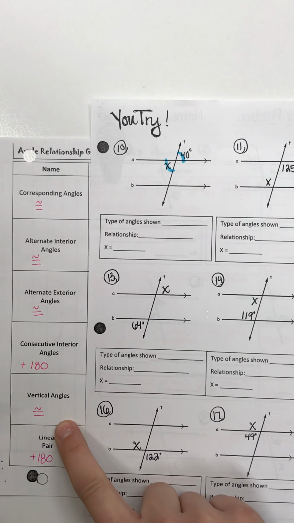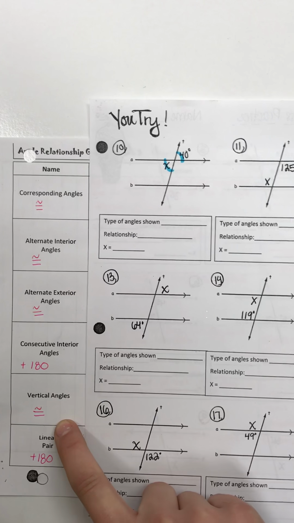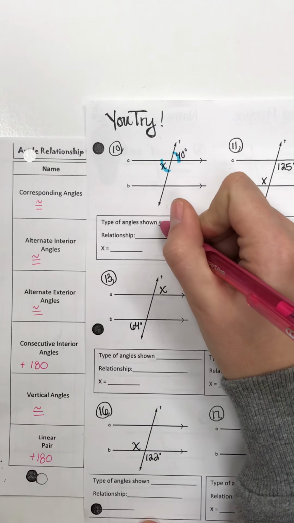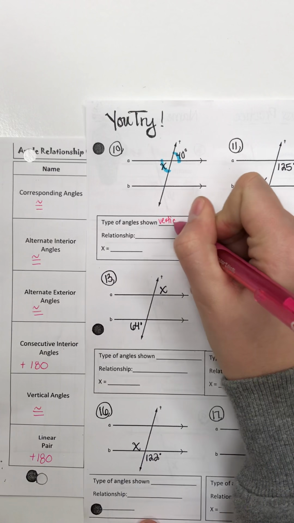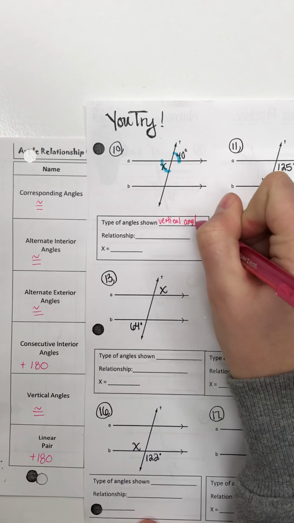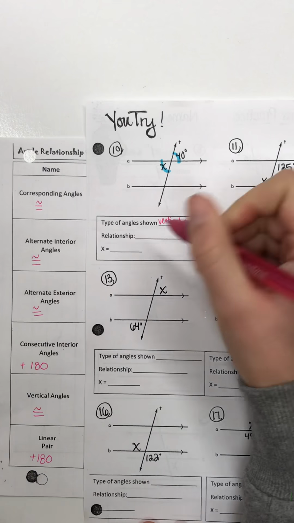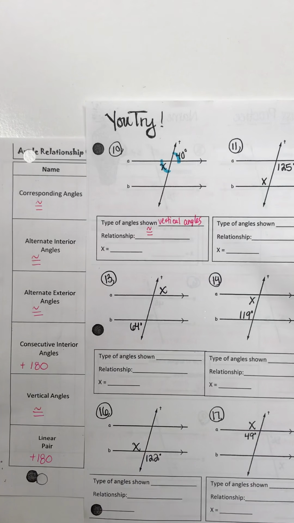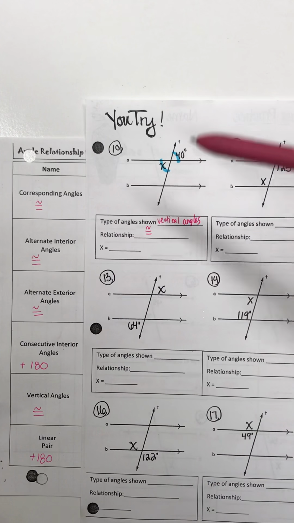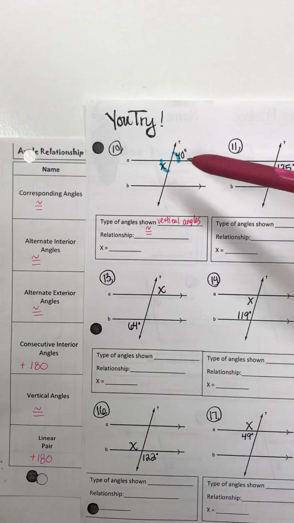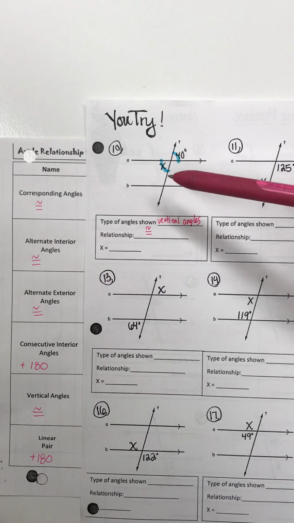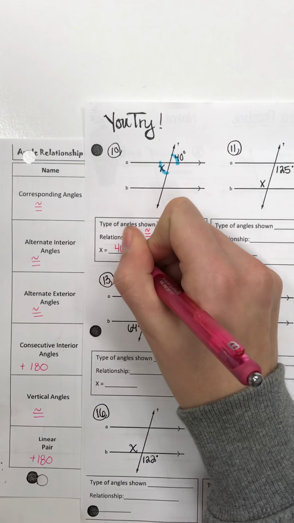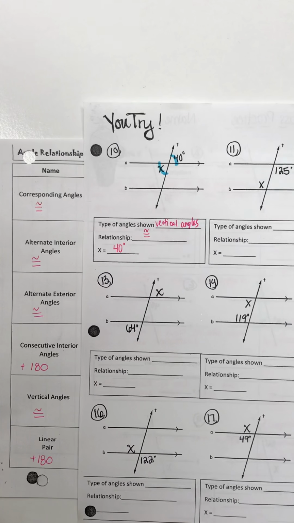So the type of angles shown are vertical angles, and their relationship, vertical angles, are congruent. Do not abbreviate, please. Their relationship, vertical angles, are congruent, which means their angle measures are the same. So if I'm given that this angle up on top is angle 40, and 40 and x are vertical angles, that means angle x is also 40 degrees.